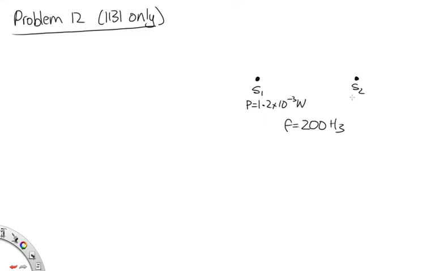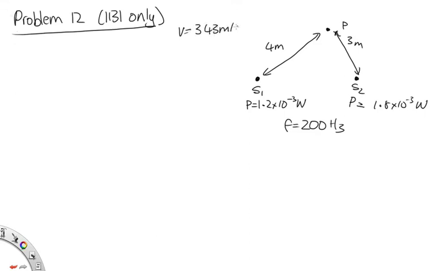And speaker 2 has a power of 1.8 times 10 to the minus 3 watts, the same frequency. We consider a point P here, which is 3 meters from speaker 2 and 4 meters from speaker 1. And these speakers are vibrating in phase. Okay, and this is sound, so we'll take its velocity through air as 343 meters per second.